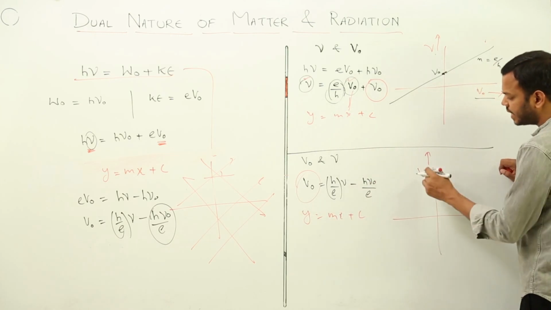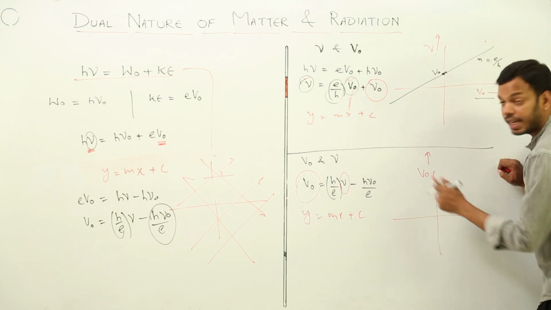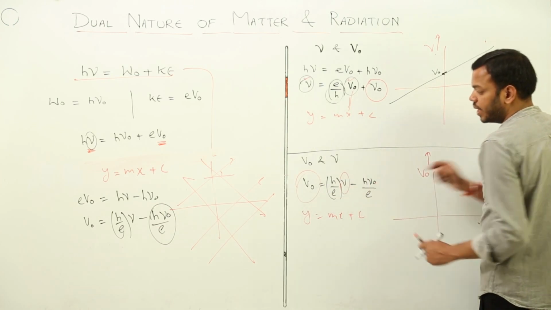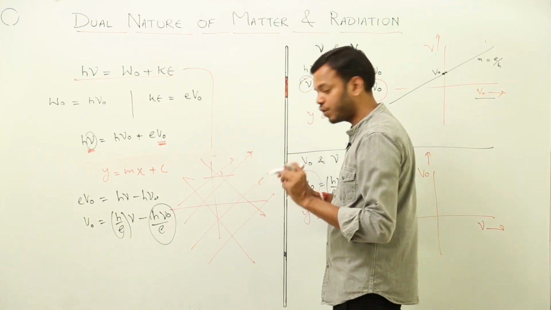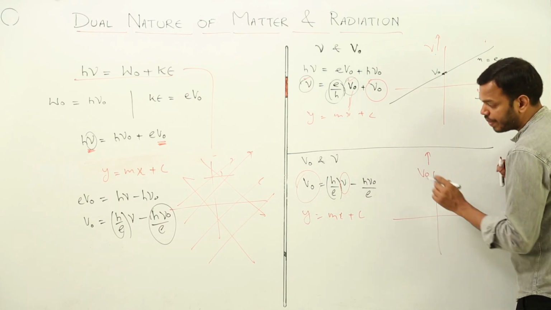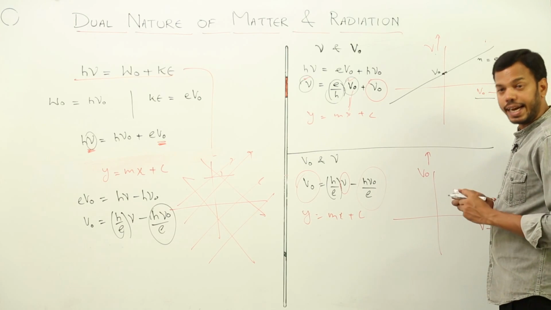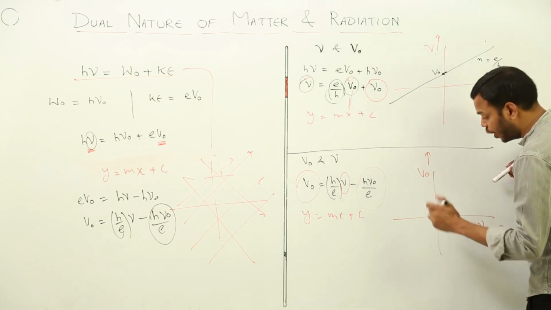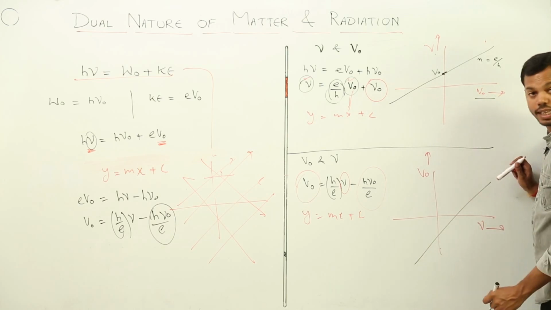So the y-axis has stopping potential, then comes the x-axis, frequency is on the x-axis, then slope. Slope is positive. Positive means the line is going to go like this, positive slope. So this is also clear that our line will go somewhere here. But the y-intercept, this portion is negative. Negative means our line is going to cross the y-axis on the negative side. So the graph will go something like this.